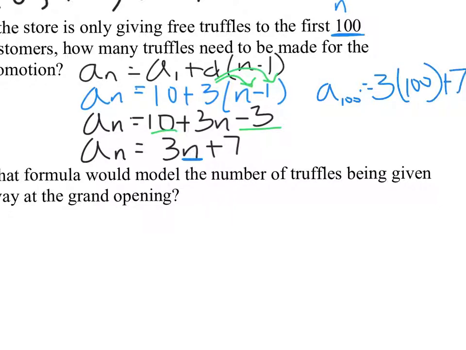Okay, so 3, it's a positive 3, it looks like a negative 3. 3 times 100 plus 7 is 307. Okay, and that is our answer. So they only give truffles to the first 100 customers. They will have to make 307 truffles for the promotion.